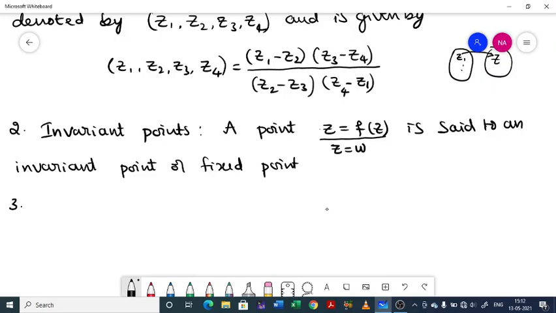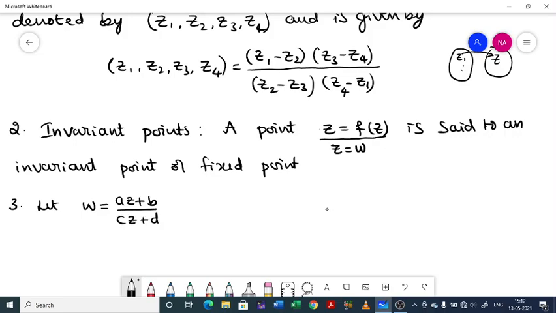Next, point number 3. The cross ratio of a set of 4 points is preserved under bilinear transformation. Let you have the bilinear transformation w equal to az plus b divided by cz plus d.